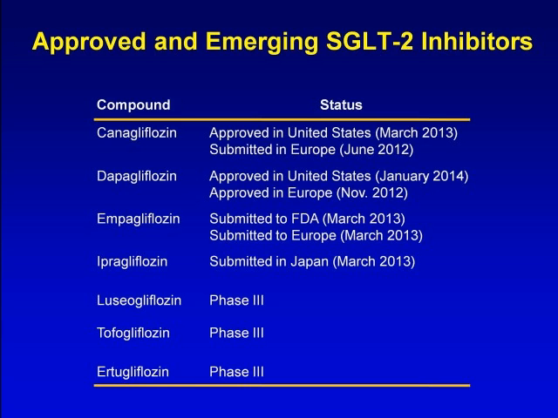Some of these have recently received approval. Canagliflozin and Dapagliflozin have been approved and are on the market in the United States, and an FDA submission has been made for empagliflozin, and we await their decision. Empagliflozin has been approved in Japan, and there are several other drugs undergoing such development.